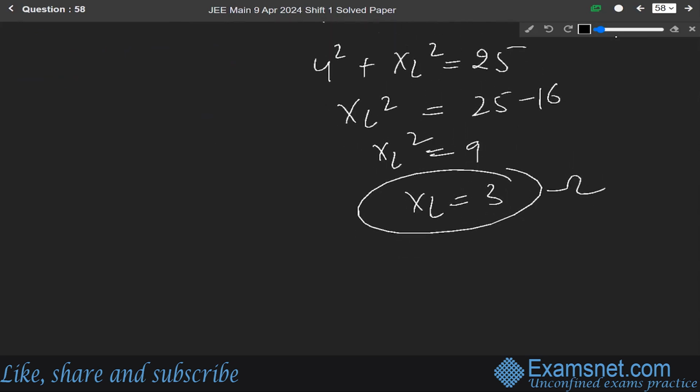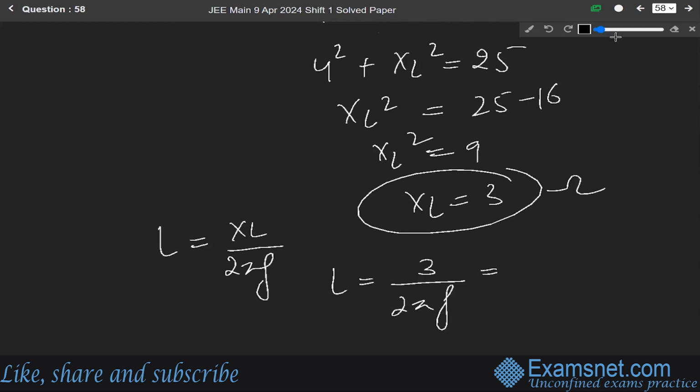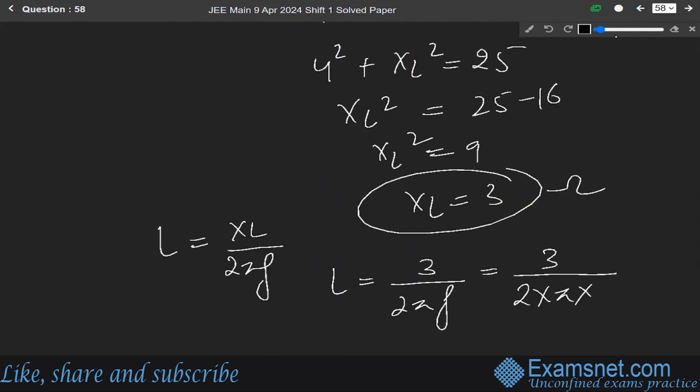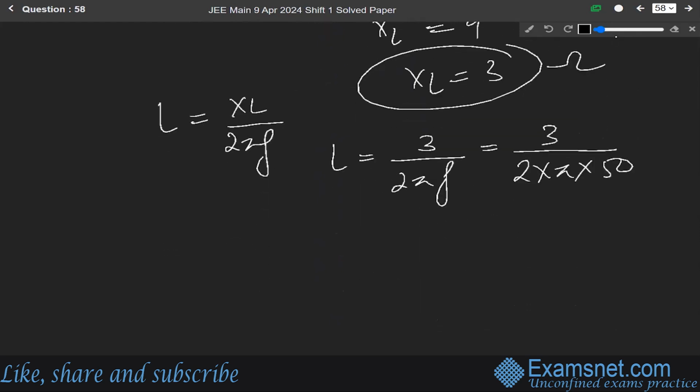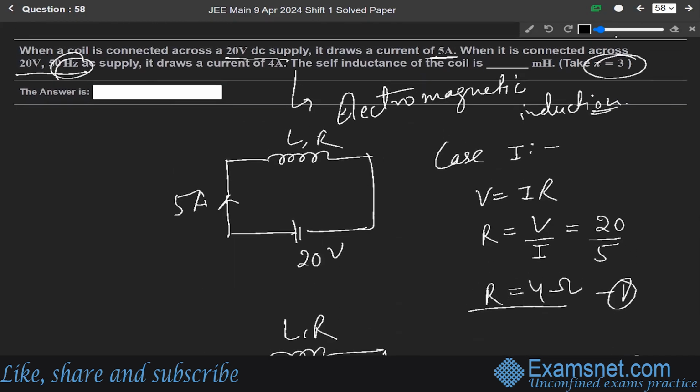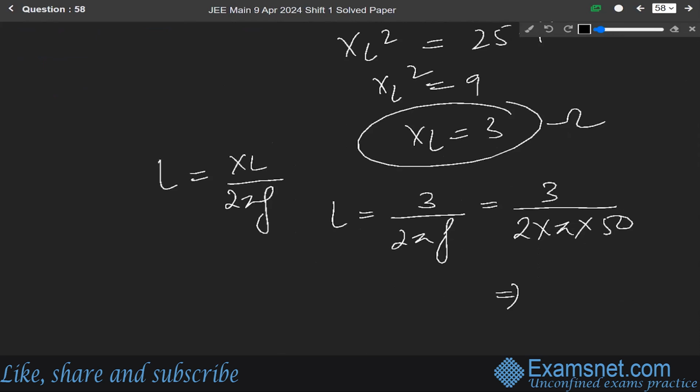So the value of L will be XL over 2 pi F. So L will be equal to 3 over 2 into pi into F. Frequency is given as 50 hertz. As given in the question, take the value of pi as 3. So 3 over 2 into 3 into 50.